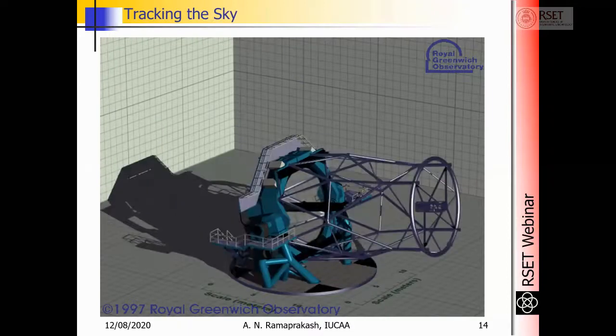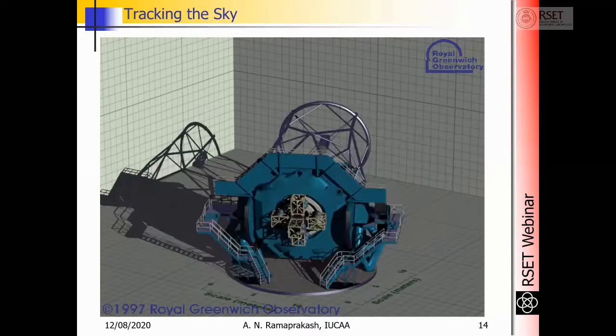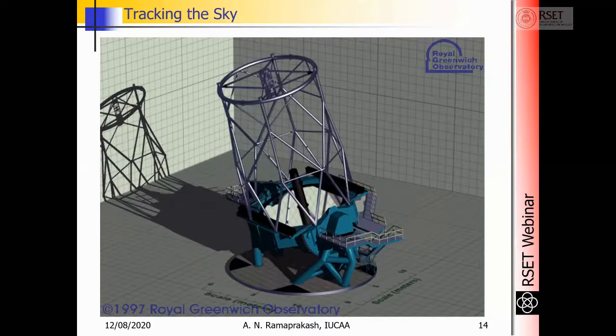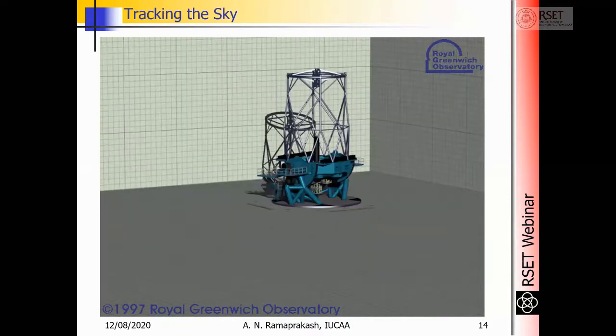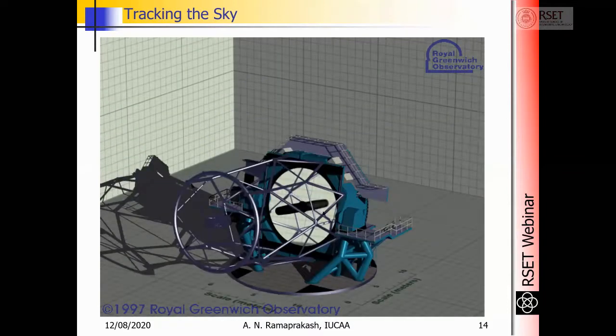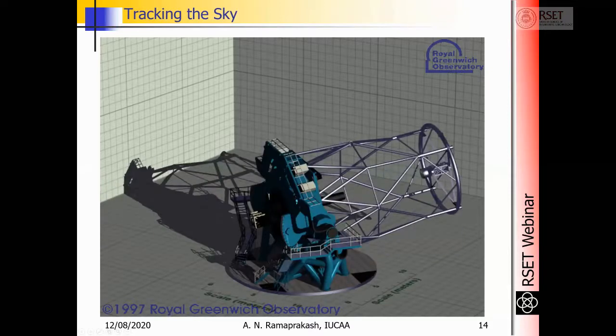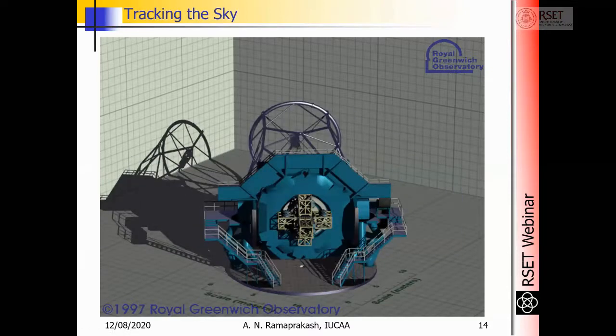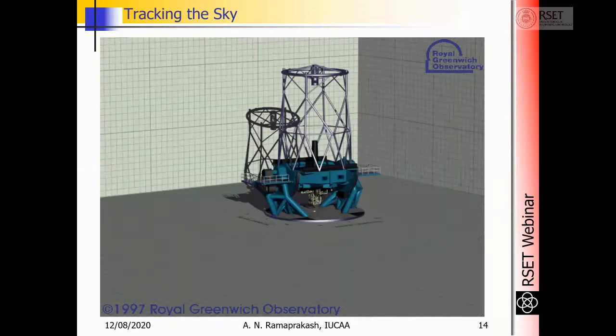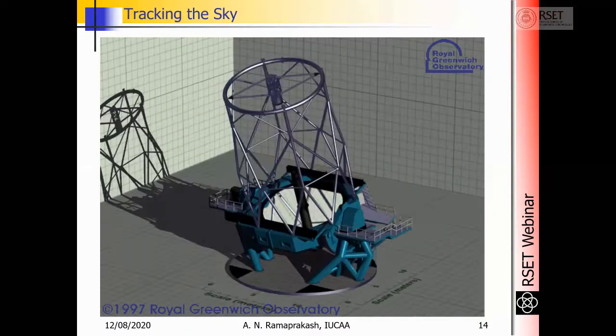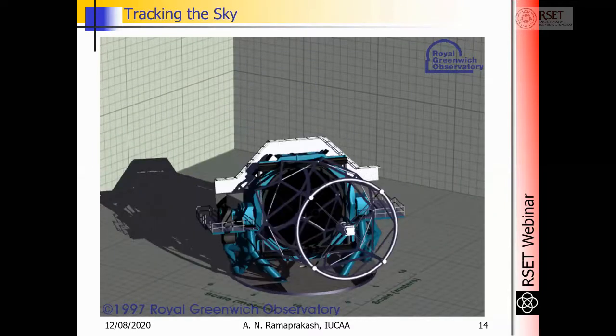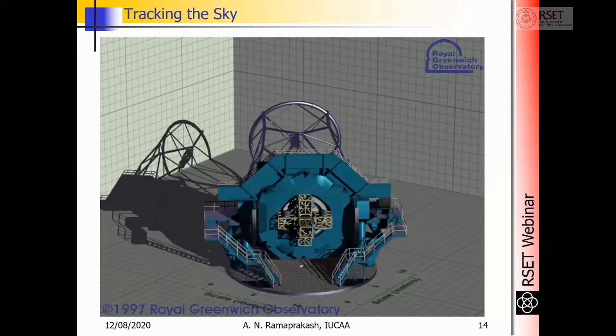Now, if you have to collect thousands of photons from that object, you have to stare at that object for a long time. So the telescope has to track the object's motion across the sky to make sure that the object is in the field of view, and you can keep collecting photons. These are massive structures.